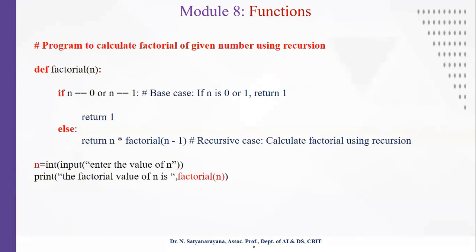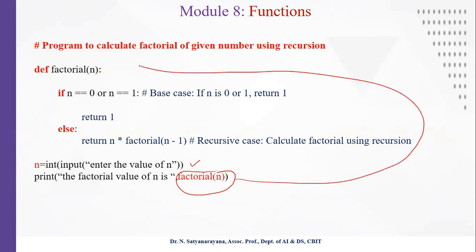I have taken a small example program where we try to calculate the factorial of a given number. I am defining the factorial function. You can see, I read the n value from the keyboard, and then I invoke the function to calculate the factorial of the given number. The function call pushes the control to the function definition.